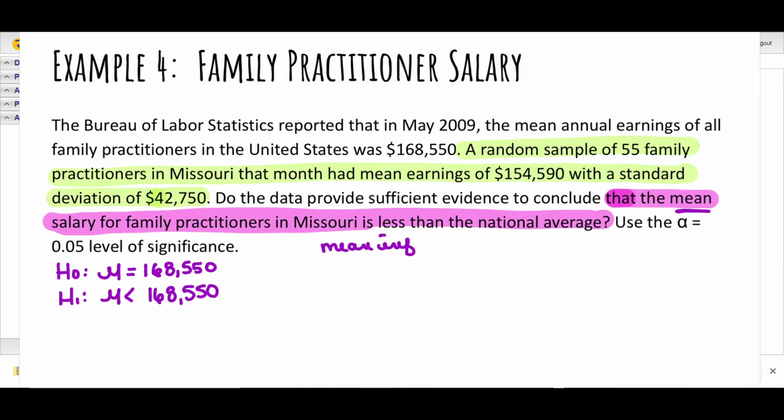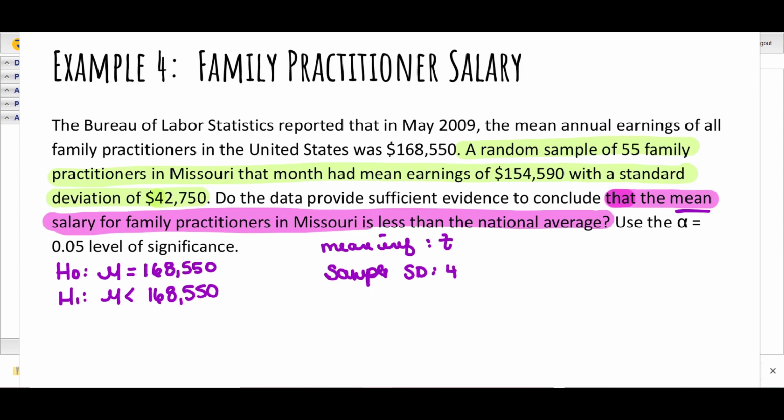So there are a sample of 55, and this sentence says that for these 55 families, the mean was this, and here's the standard deviation of 42,750. So this standard deviation is the standard deviation for this sample of 55 families. So that means it's a sample standard deviation. So because we know the sample standard deviation, we're going to do a t statistic when we run the test.